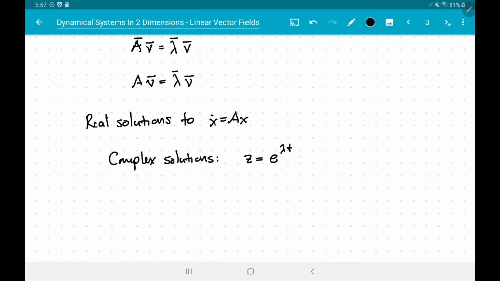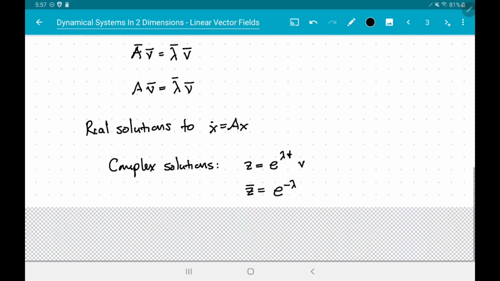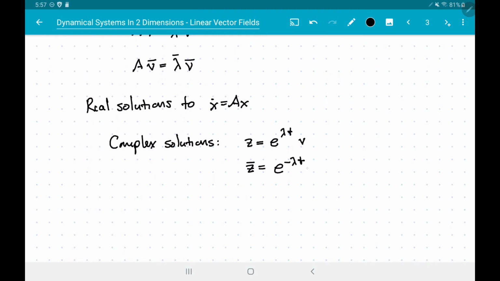So let me do here e to the lambda t times v. But then if I take the conjugate of both sides, let me leave the subscripts out of this because we don't need them. The solutions will come in complex conjugate pairs, again assuming A is real.